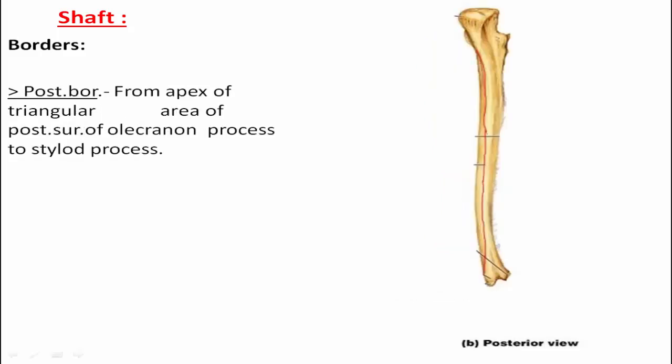Another border is the posterior border, which begins from the apex of the triangular area of the posterior surface of the olecranon process. Then it runs down up to the lower end, up to the styloid process. So this is the extent of the posterior border from olecranon process to styloid process.